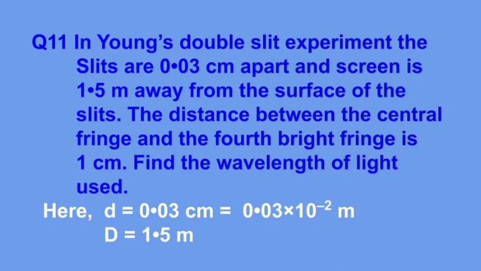Find the wavelength of light used. Here small d is equal to 0.03 centimeter. d is given in centimeters, so you have to convert it into meter, which is equal to 0.03 into 10 to the power minus 2 meter, and capital D is equal to 1.5 meter.